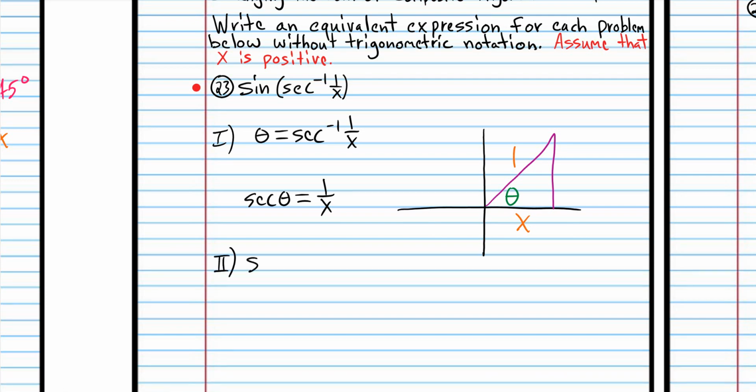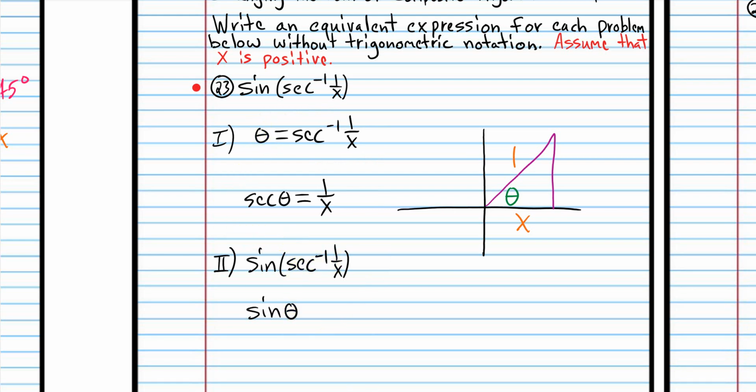Now we're going to find sine of secant inverse of 1 over x, but that's just equal to sine theta because we set secant inverse of 1 over x equal to theta.